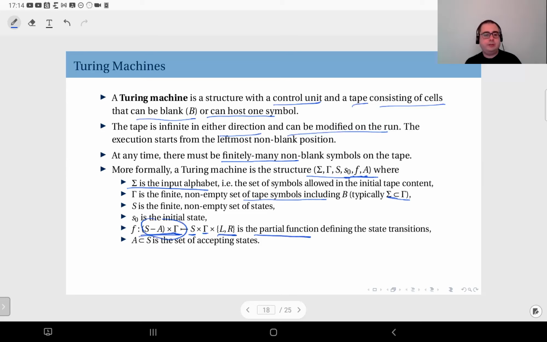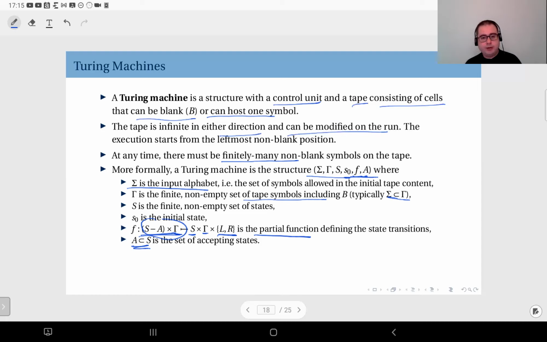And in this case, if we encounter such a situation where the outcome for a certain configuration is not defined, we will say that the Turing machine halts. And the set of accepting states is, of course, typically a subset of the set of all states.